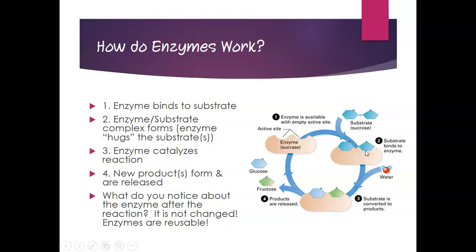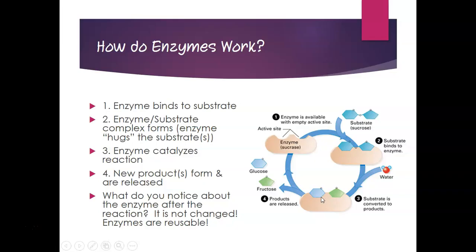Once that binding happens, my enzyme's going to do what we talk about as induced fit, and it literally hugs that substrate and fits it in nice and tight. Alright, puts that extra strain here on this molecule. It's also going to help us bring in some water to go through a hydrolysis reaction, right? And that enzyme's then going to catalyze that hydrolysis reaction, break that bond between the glucose and fructose that used to be sucrose.